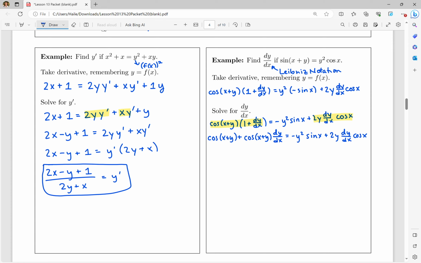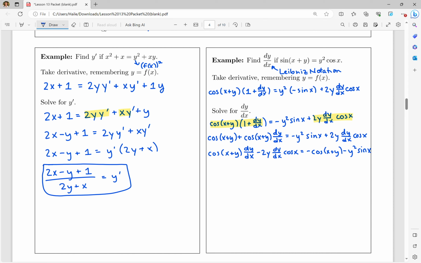And now I can start to do what I did in the previous problem, which is get everything with a dy/dx on the same side of the equation and everything without a dy/dx on the opposite side. So I'll have cosine of (x plus y) times dy/dx minus 2y dy/dx cosine x is equal to negative cosine(x plus y) minus y squared sine of x.